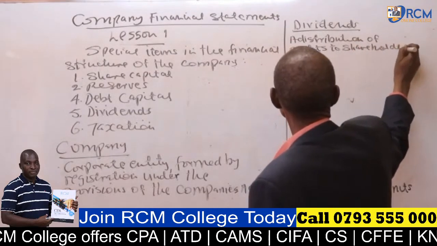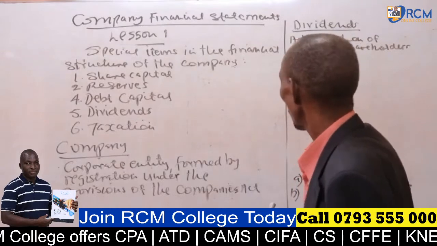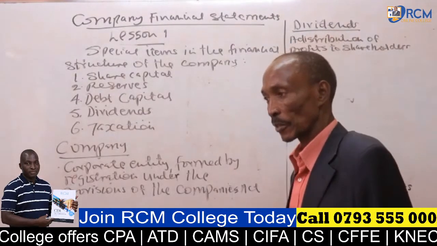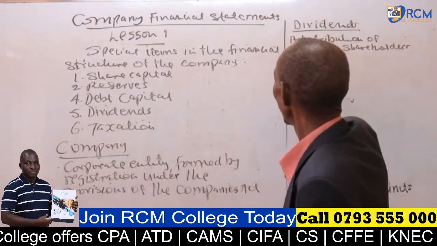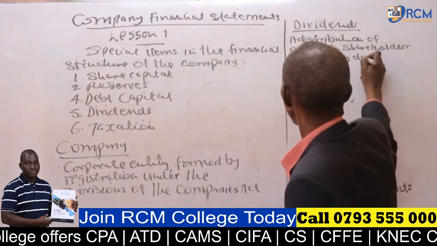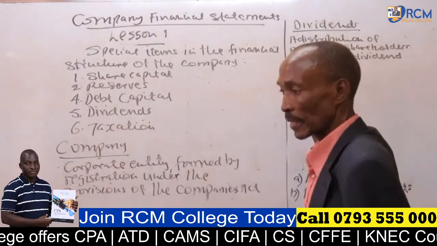When the company pays a portion of the profit to shareholders, we call these dividends. We have two types of dividend. We have ordinary dividend, when the dividends are paid to ordinary shareholders.